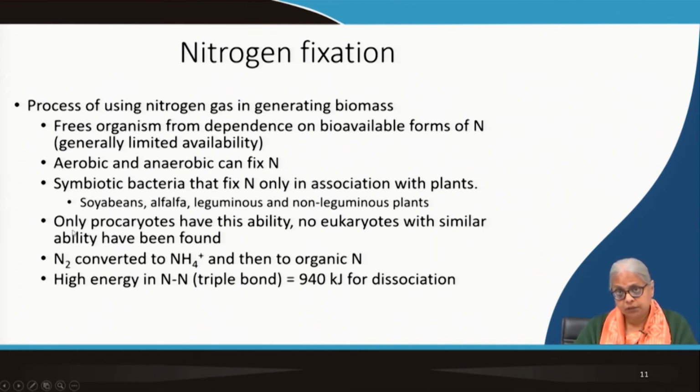Only prokaryotic or bacterial species have this ability. As of now, no eukaryotes have been found with a similar ability. Nitrogen can be converted to ammonium, and then to organic nitrogen. So, you have high energy in the triple bond that's available.